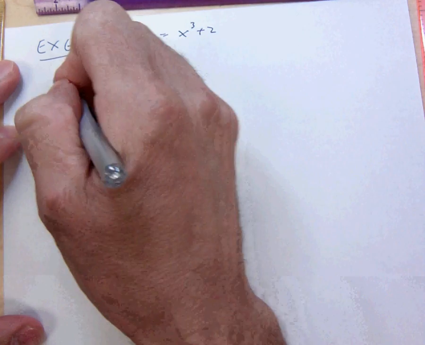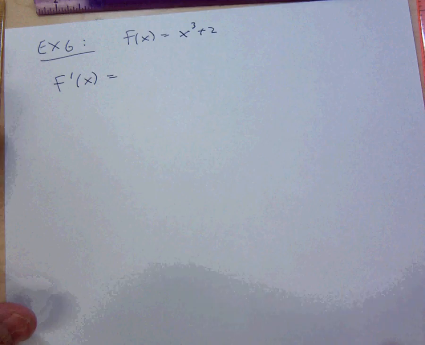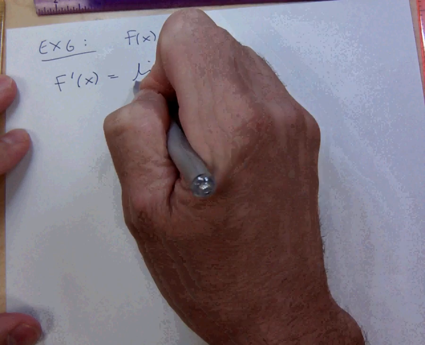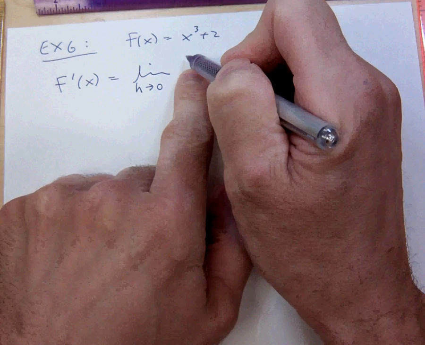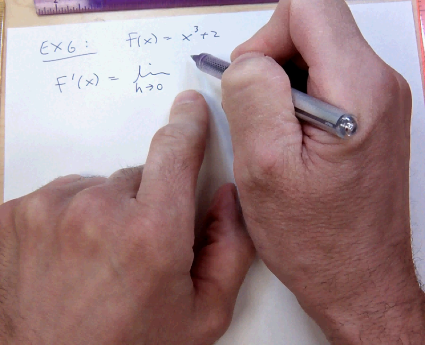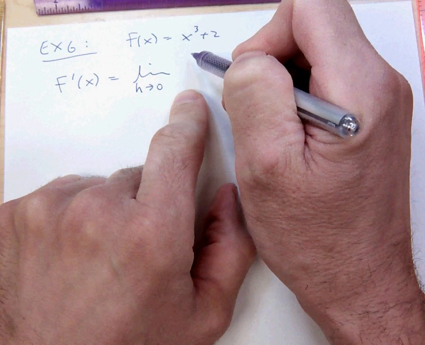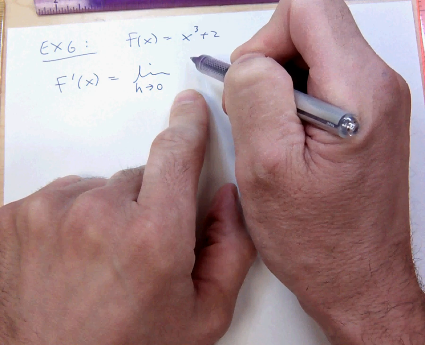Okay, so how do I get the derivative function f prime of x? Well, I take the limit as h goes to 0 of f of x plus h, right? Agreed?